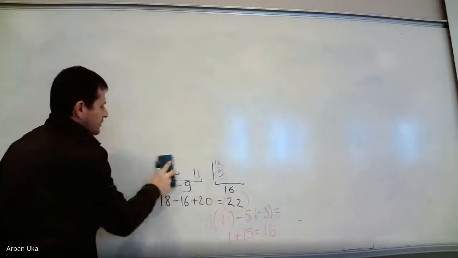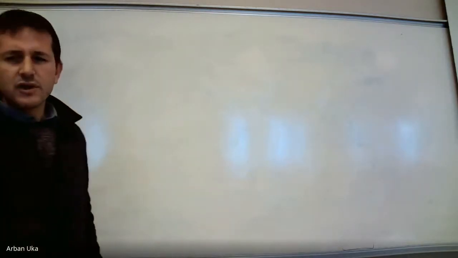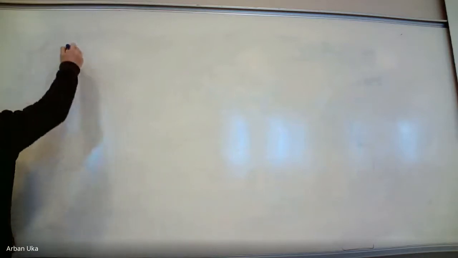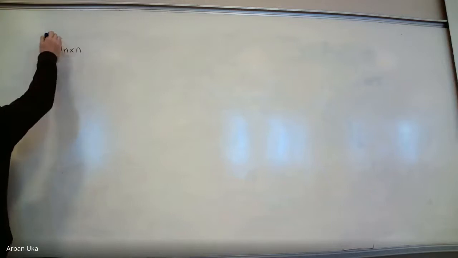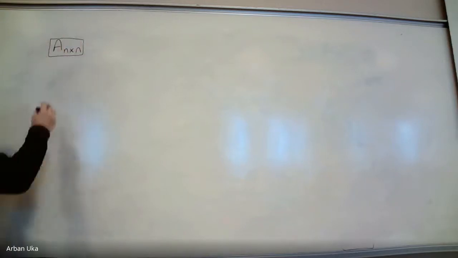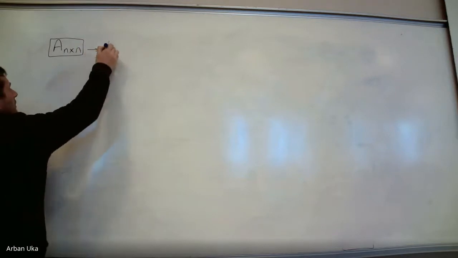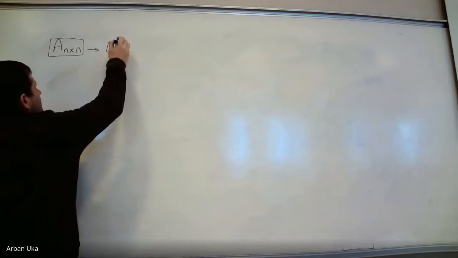The next thing that we're going to go over is how to find the inverse of a matrix. To obtain the inverse of a matrix, we have a procedure that follows like this. Any matrix which is n by n, from this matrix here, we can define a matrix M, which is called the minor.